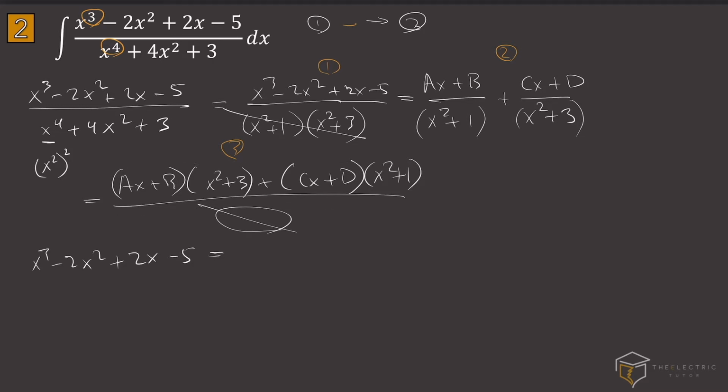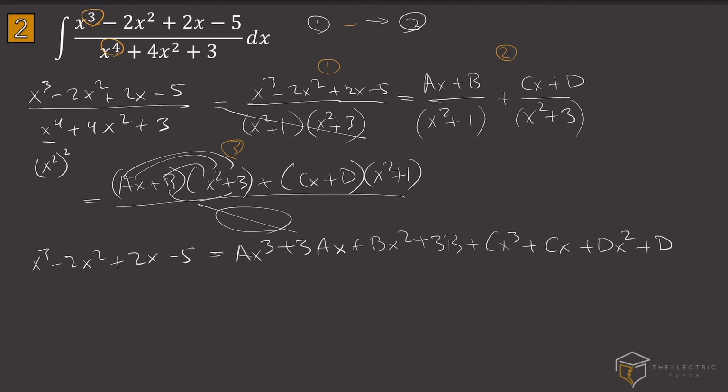And what I'm going to do is just expand everything out, okay? So I'm going to get ax cubed from here plus 3ax plus bx squared plus 3b. And if we continue, I got cx cubed plus cx plus dx squared plus d.